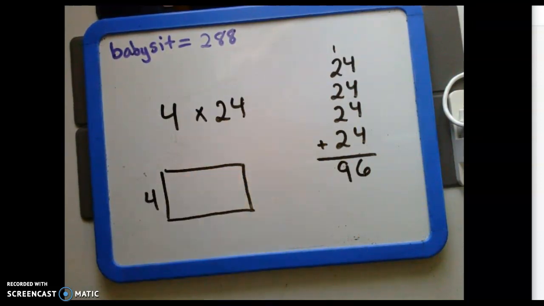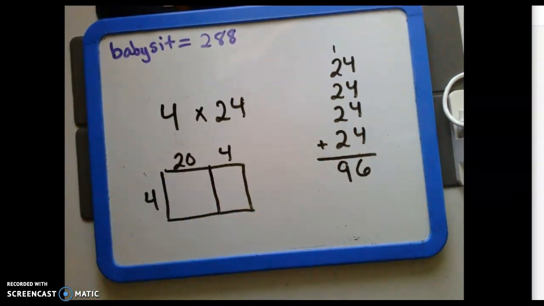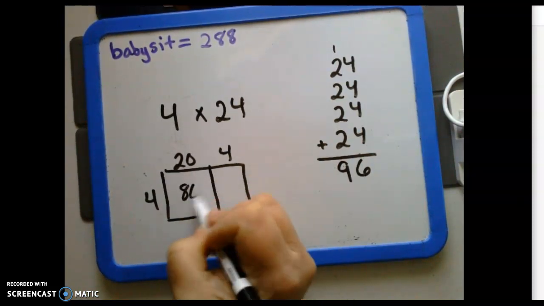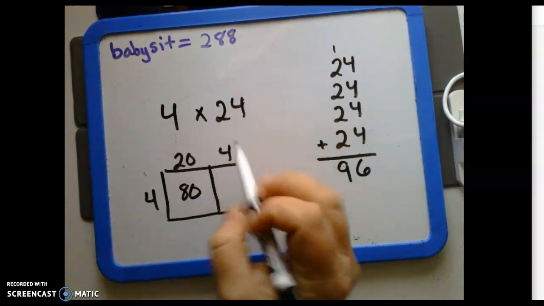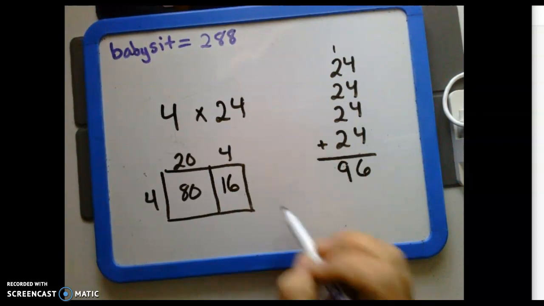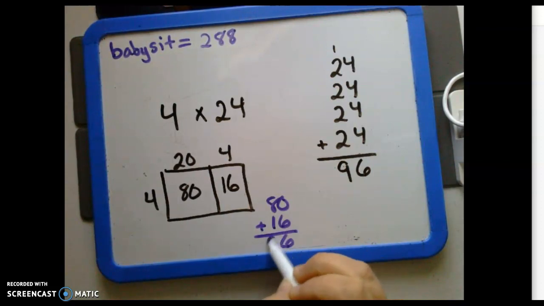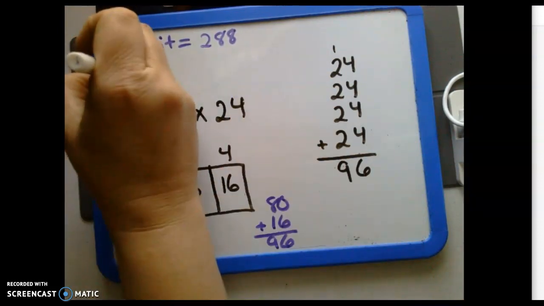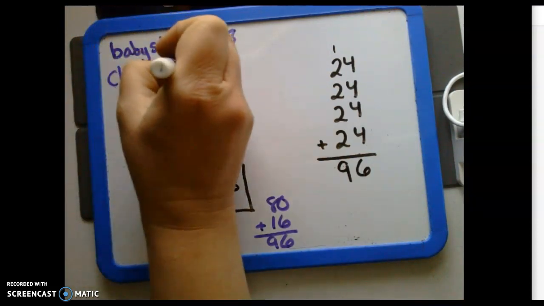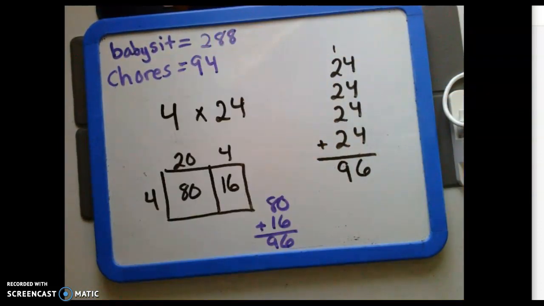My 1-digit 4, multiply it by my 2-digit number, 24. 4 times 2 is 8, add that 0. 4 times 4 is 16. 80 plus 16 gives us that 96, that same answer. So for the chores, for all 4 weeks, she earned a total of $96.